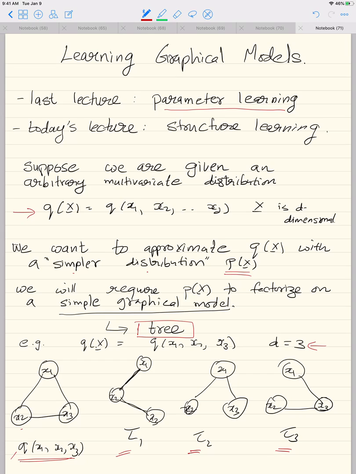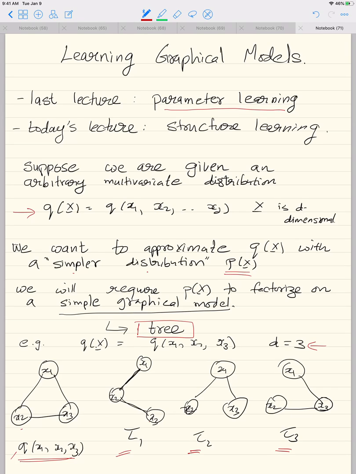So what this tree imposes is that there is some conditional independence between x1, x2 and x3. In the first case, x1 and x3 are independent given x2. In the second case, x2 and x3 are independent given x1 and so on. However, we do not know upfront which of these trees has to be selected. That will be coming from the data.